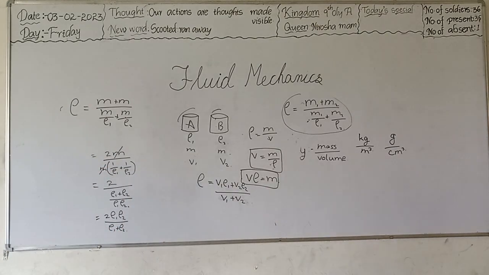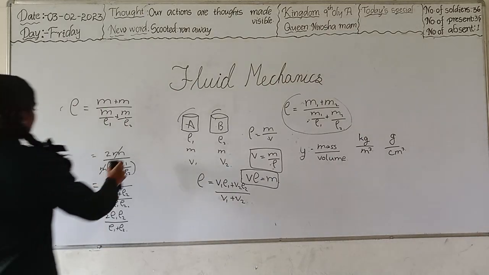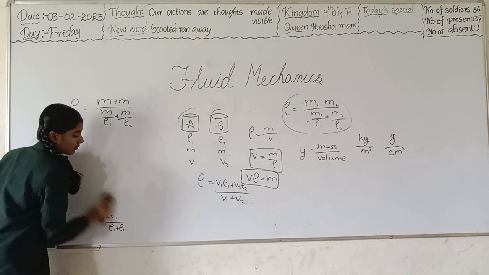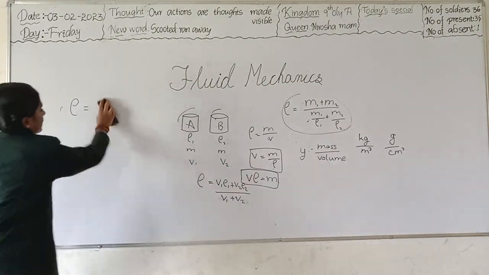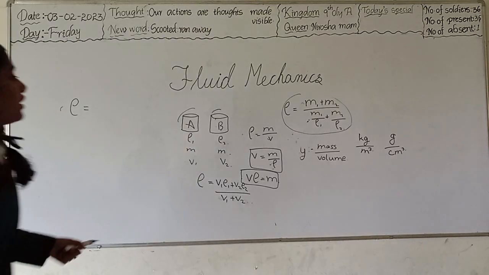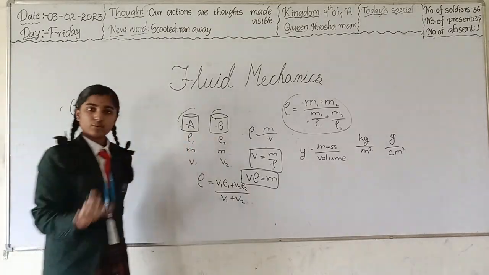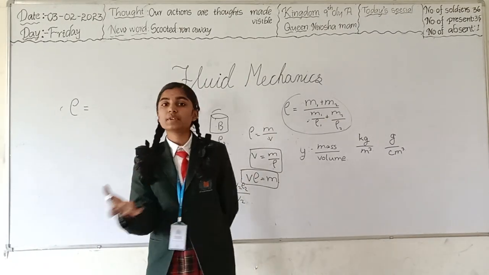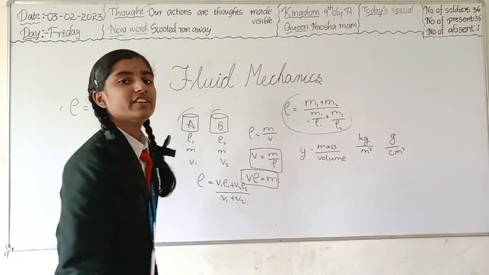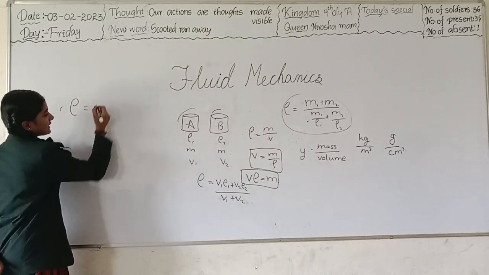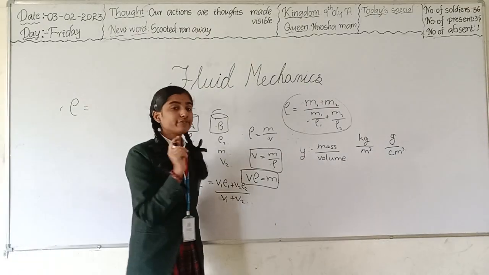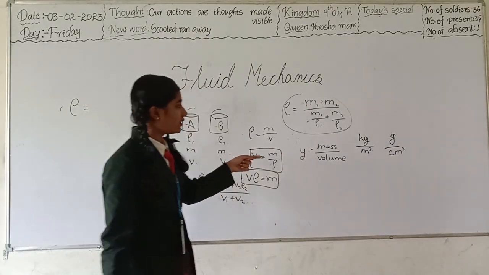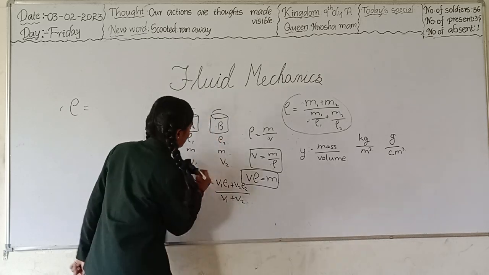And if the volumes are the same, then what do we do? If we know only the volumes and density of the substance, and if the volumes are the same in both the substances, how do we solve it? I'll show you. See, for that I have shown you how to solve the volumes right here.